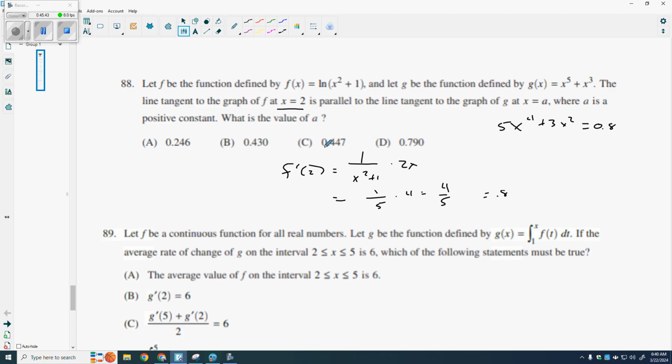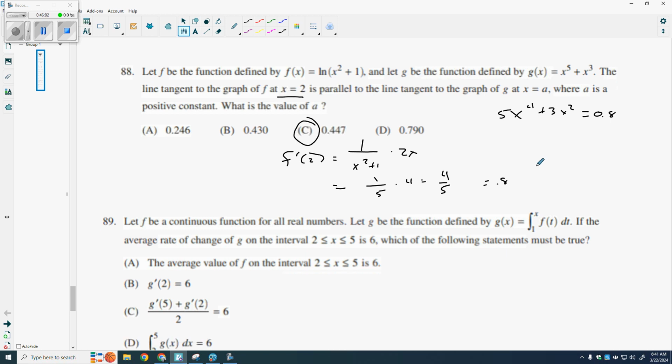Looks like positive 0.44. Letter C. Okay, that's pretty easy. Parallel lines, slopes are the same. Find the slope at the point they asked for. Find out what value for G has the same slope.